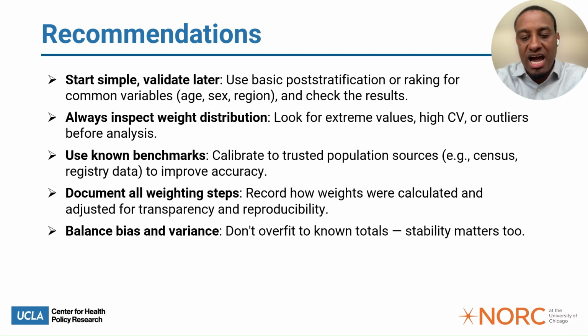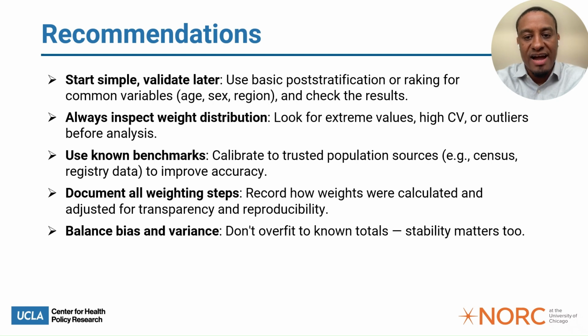So, to close, here are a few practical recommendations for applying weighting in your own work. Start simple and validate as you go. Use basic post-stratification or raking for common variables like age, sex, and region, and then check the results before getting more complex. Always inspect your weight distribution.